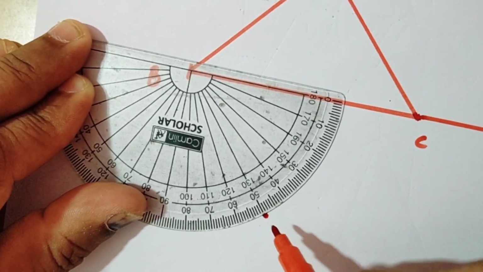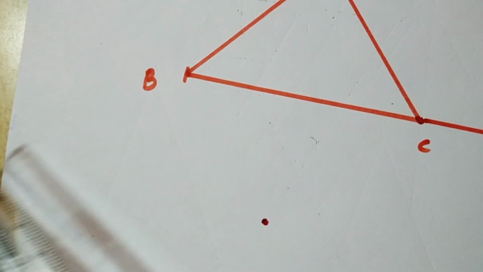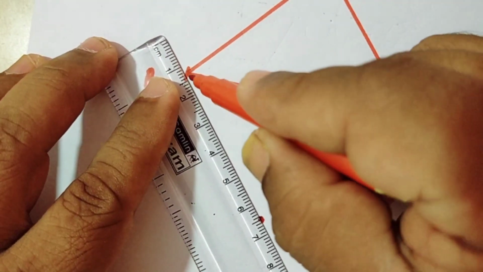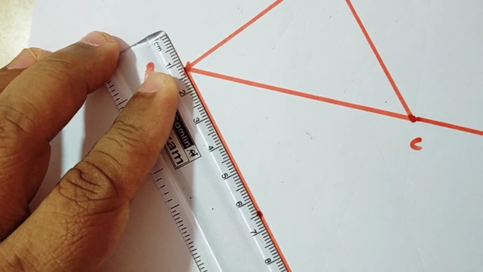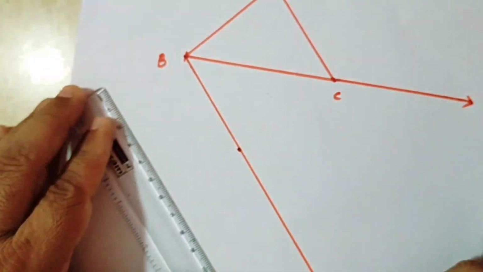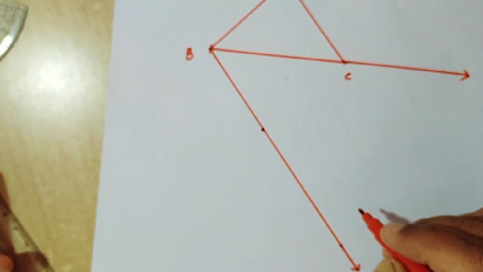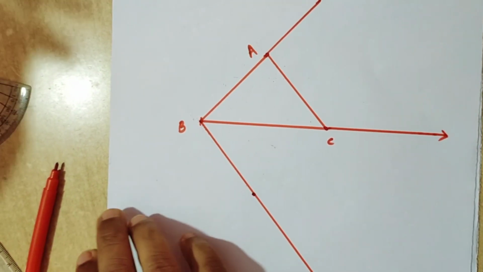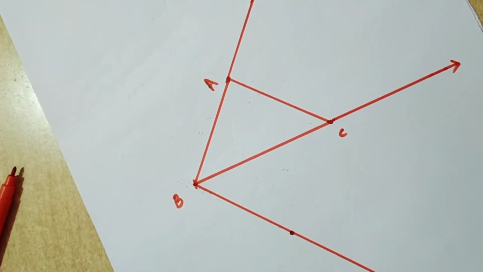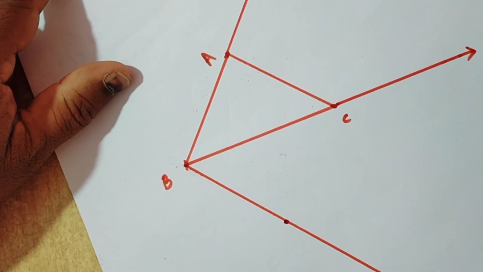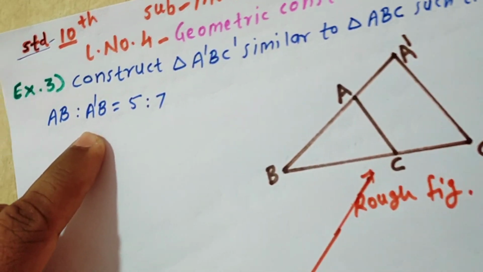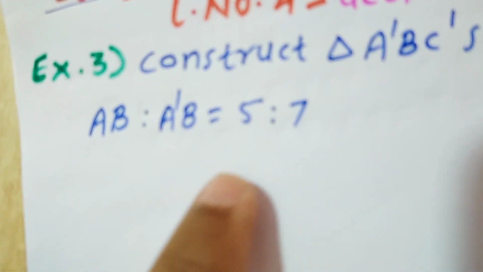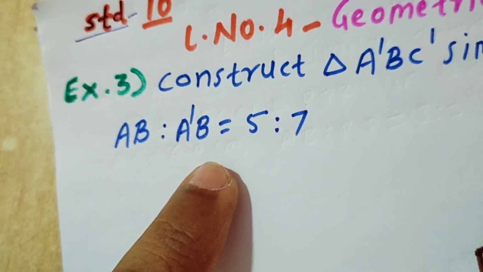So I am taking here a 50 degree angle with BC. After this, use your rounder and make 7 marks, because A'B here you see in the given ratio is 7 parts and AB is 5. That's why I am going to make 7 arcs on this ray.